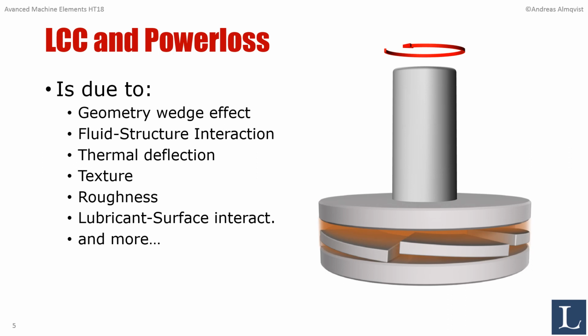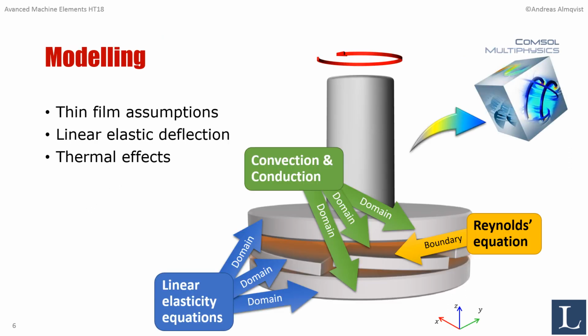Lubricant surface interaction, what I mean by this is that the surface chemistry can generate more or less slip at the surface, and that of course changes the conditions pretty dramatically. Sometimes you want this, you want a small slip to actually reduce the power losses, but in that way you will also reduce the load carrying capacity.